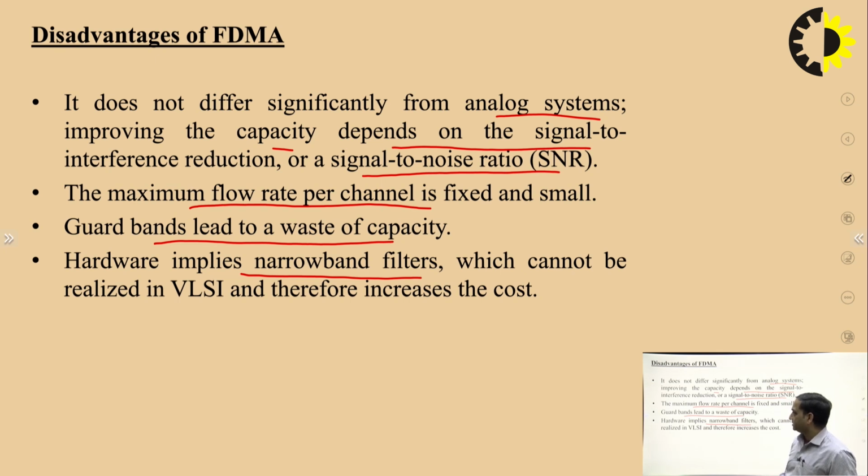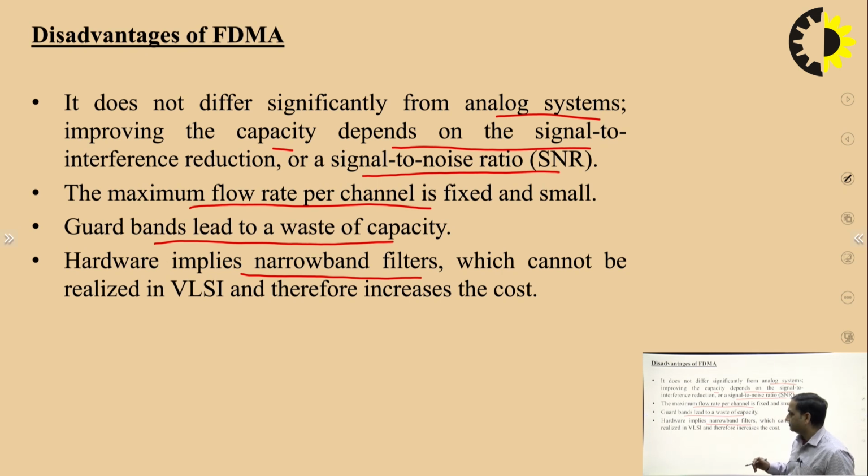So these are some of the disadvantages of this system, in which when we have the wideband system, the signal to noise ratio will be very low and the interference is very high. Second, if we use guard bands in the FDMA system, because we have to remove the overlapping between the signals, there is a waste of capacity, because the guard band is also nothing but a band of frequency.